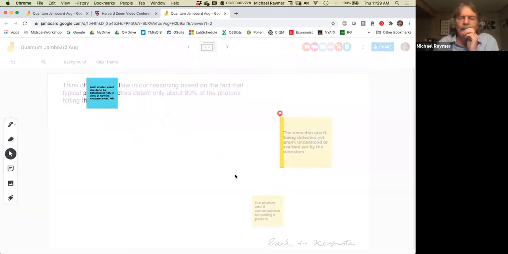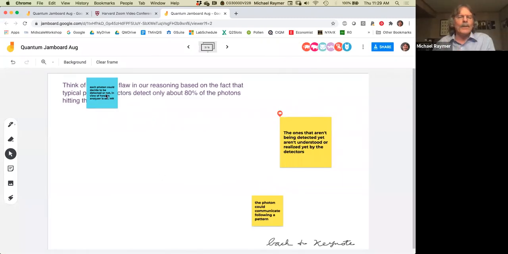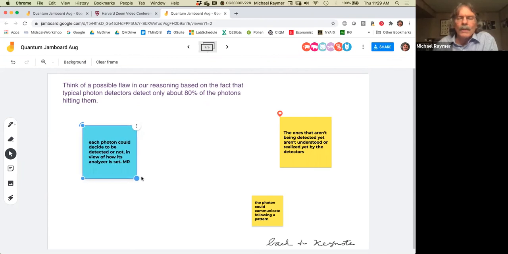So I wrote the one in the blue here because time is getting a bit long. It's not that the photon could communicate with the other photon or with Alice or Bob. It doesn't communicate. We've already ruled out communication by putting the two laboratories far enough apart and doing the experiment quickly enough.